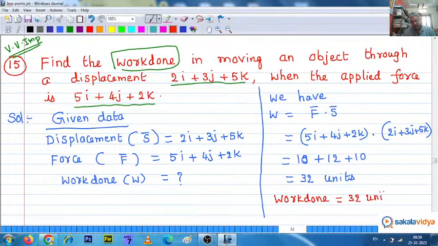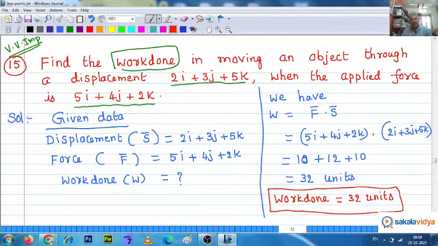Work done is a scalar quantity, whereas force and displacement are vector quantities. The dot product of two vectors gives a scalar quantity. The dot product of two vectors is always a scalar, remember it like that. Right, I hope it's very clear to you.